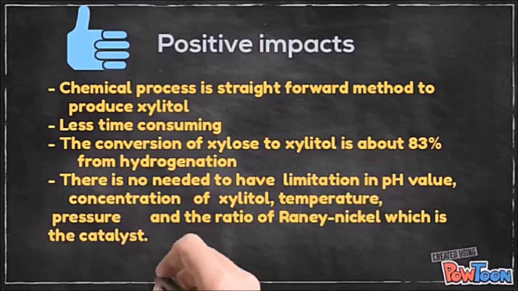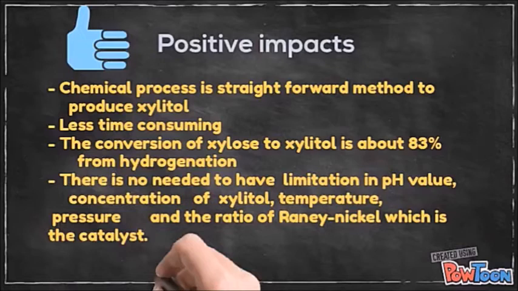As an example here, the hydrogenation process was carried out with 1, 2, 3, 4, and 5% of the Raney nickel catalyst. As we can see, when the percentage of catalyst increased to 3%, the conversion reached the maximum. So when we use 4 or 5%, the conversion is not affected at all.